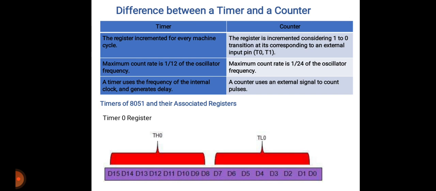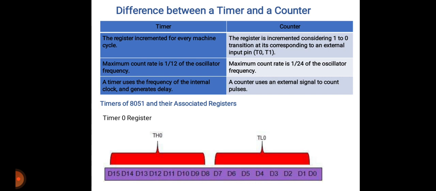First of all, the timer 0 register. Timer 0 is a 16 bit register accessed as a low and high byte. The low byte register is called TL0, that is timer 0 low byte, and the high byte register is called TH0, that is timer 0 high byte. These registers can be accessed like any other registers.